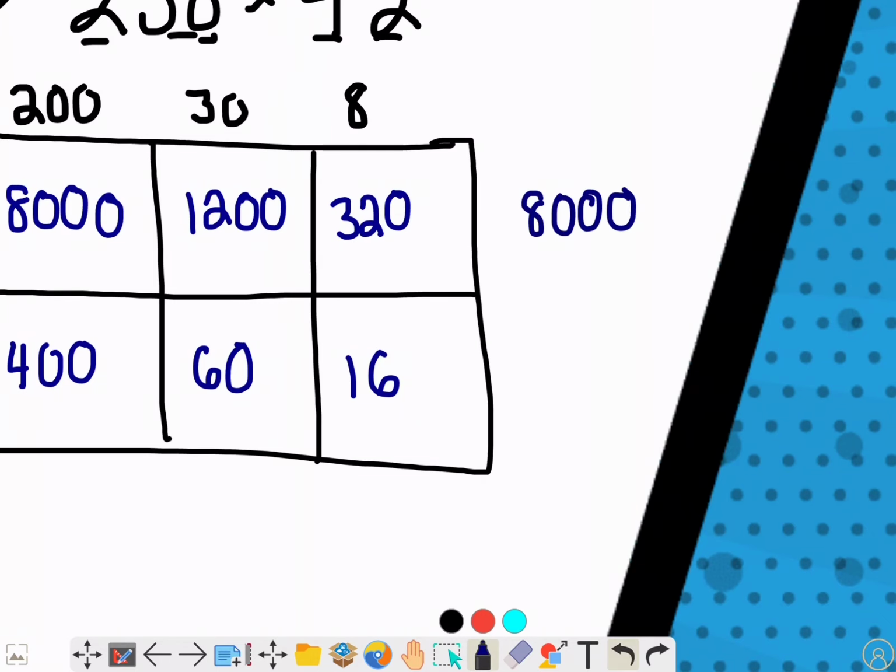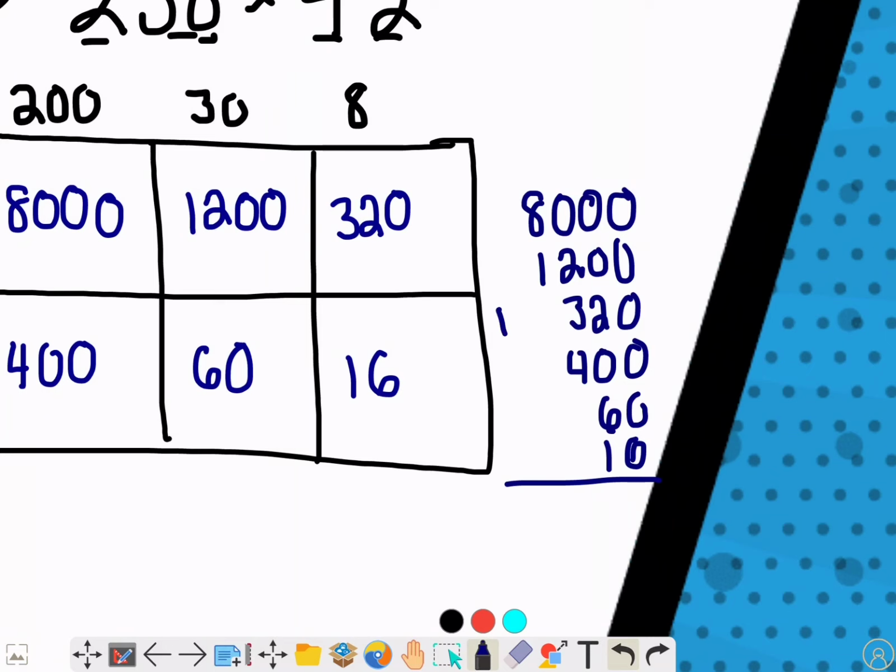8,000 plus 1,200 plus 320. Make sure all your place values are lined up. Plus 400 plus 60 plus 16. That would be 6. Hope we can see that a little better. 0 plus 0 plus 2 is 2. 2 plus 6 is 8. 8 plus 1 is 9. 0 plus 2 is 2. 2 plus 3 is 5. 5 plus 4 is 9.